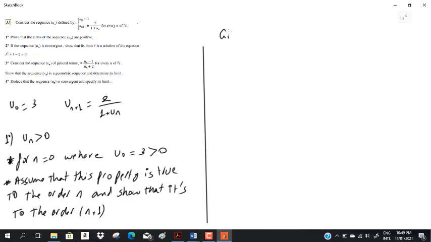Given that it's true to the order n, it gives us that un is positive. To show that it's true to the order n plus 1, we have to show that un plus 1 is positive.